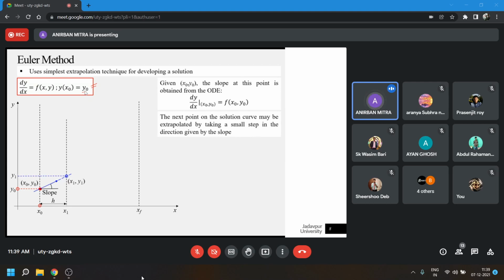At that point, the y coordinate is y1. We have extended it to the vertical axis, as you can see through that blue dashed line, and the y coordinate of that particular point comes out to be y1. So now we know x1, y1. The second point is known.